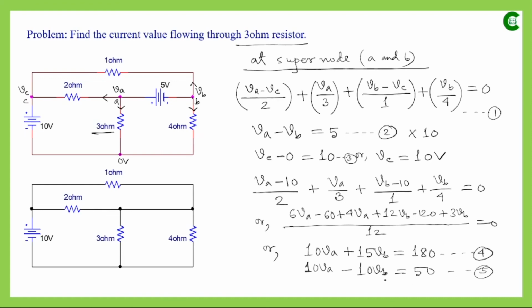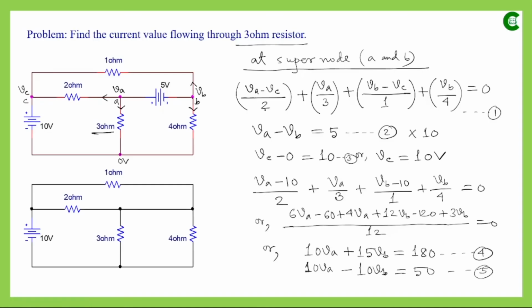If we solve these two equations, the 10VA terms cancel each other, and what remains is 25VB equal to 130. So VB will be 130 by 25 volt.